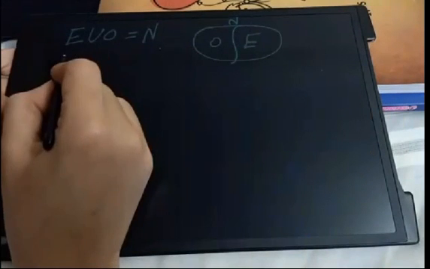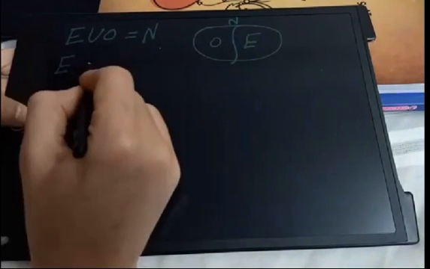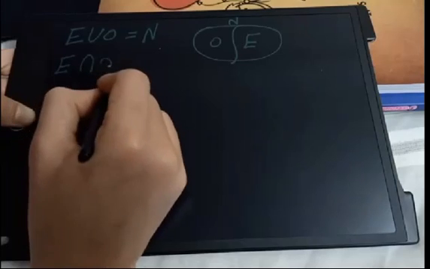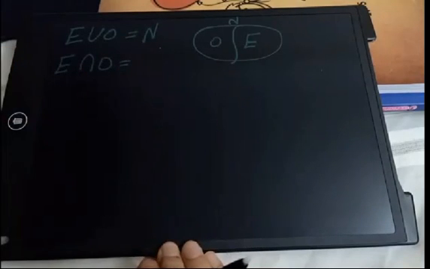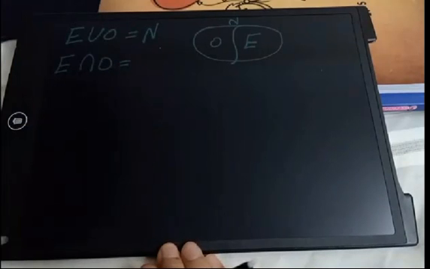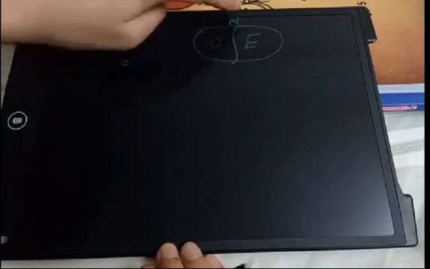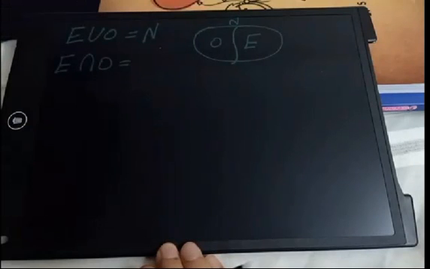Both the even and the odd exist in the natural numbers.